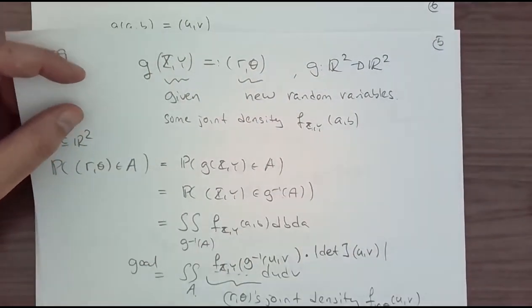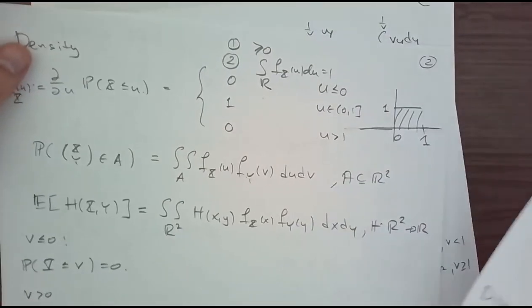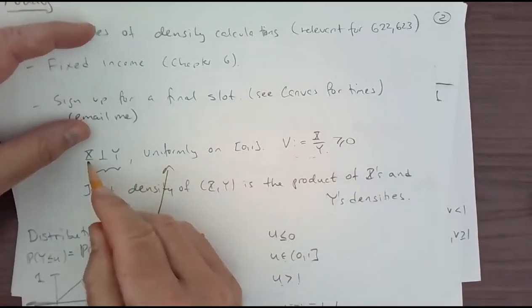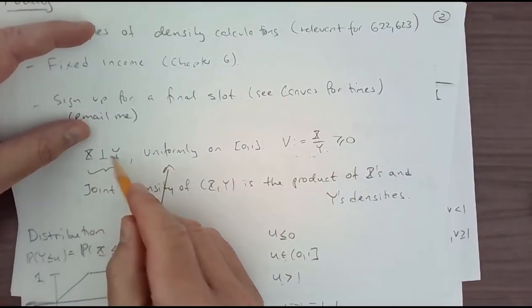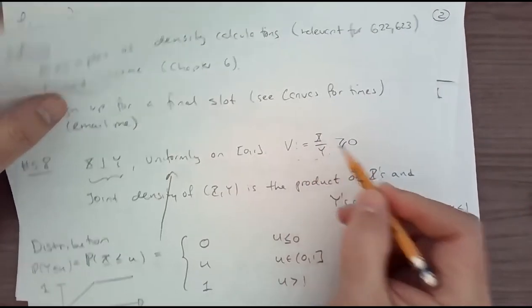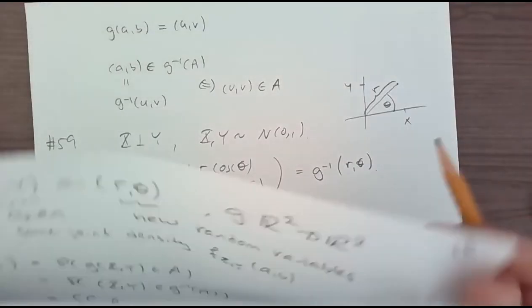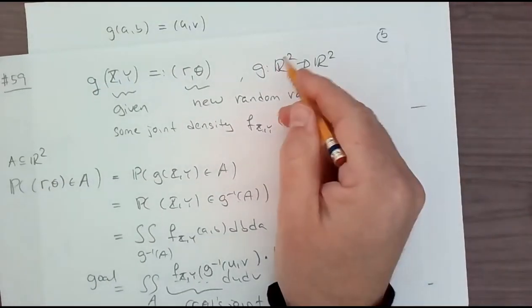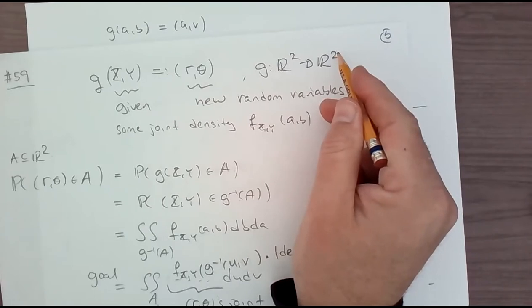What we did in the first one was similar, but one-dimensional. The function, this ratio, would not go into R2, it would just go into R.